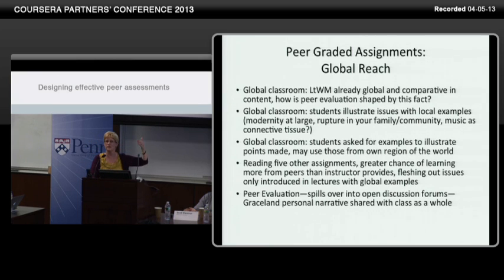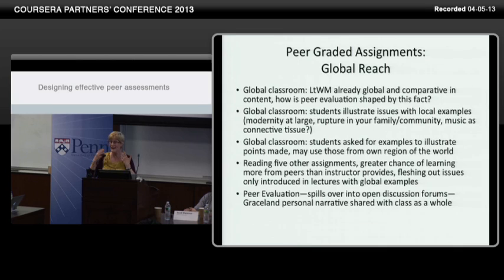So talk about issues of rupture in your own family and how music has been the connective tissue. There were some amazing things written. So 5 other people would read those paragraphs, and really, it's that thing of you've thought through the issues, and then how does somebody else speak to it? So this issue of examples from your own part of the world. You learn from your peers.